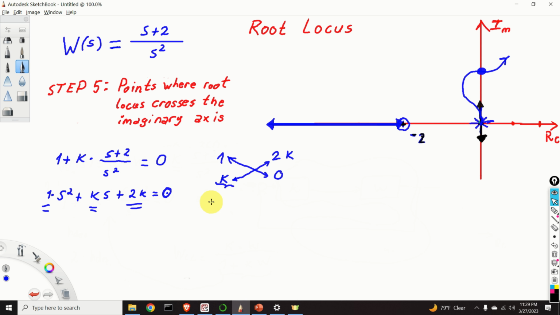Consequently, we have 2k, right? k squared, you should be careful. What do we have over here? We have 0 minus 0 divided by k. And as the result, we have 1, 2k, we have k, we have 0, and over here we have 2k.